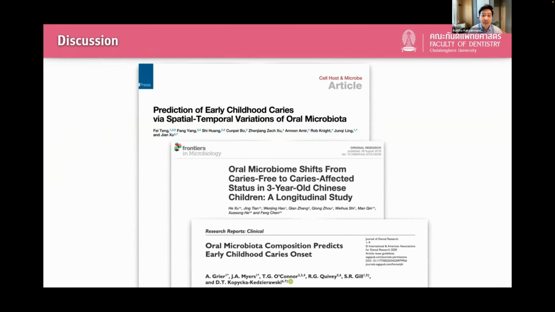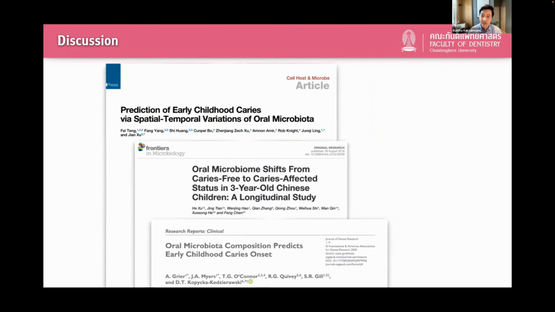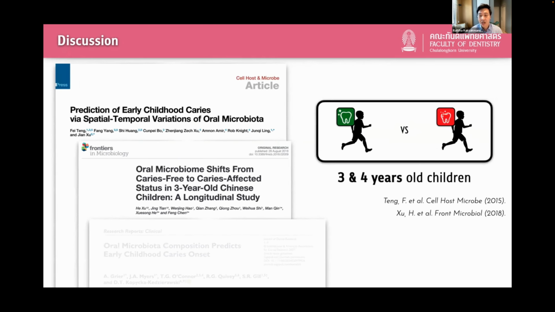There have been only 3 longitudinal studies that used the oral microbiome to develop caries prediction models. Two of these studies constructed the model based on the differences between caries-free and caries-active microbiomes to define the high-risk group.